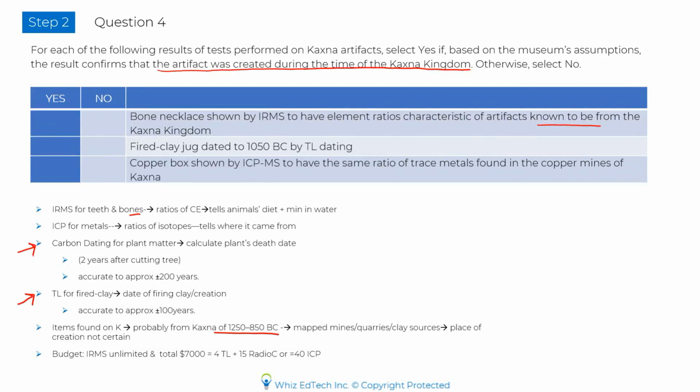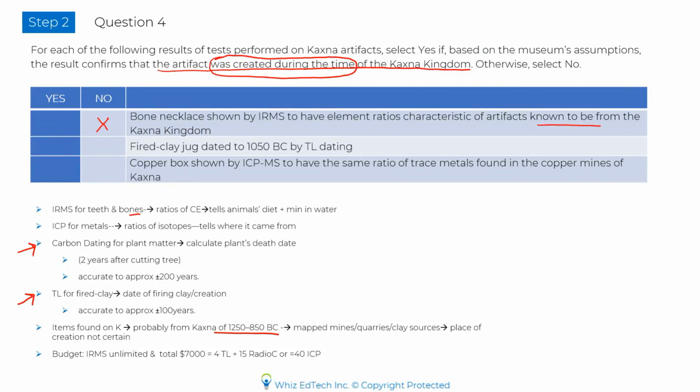It only tells the location, but we need to say it was created during the time. So for the first one, it's a no. I cannot confirm that it was created during the time of Kaksna kingdom. All right. There is no way of dating bone. It's as easy as that.